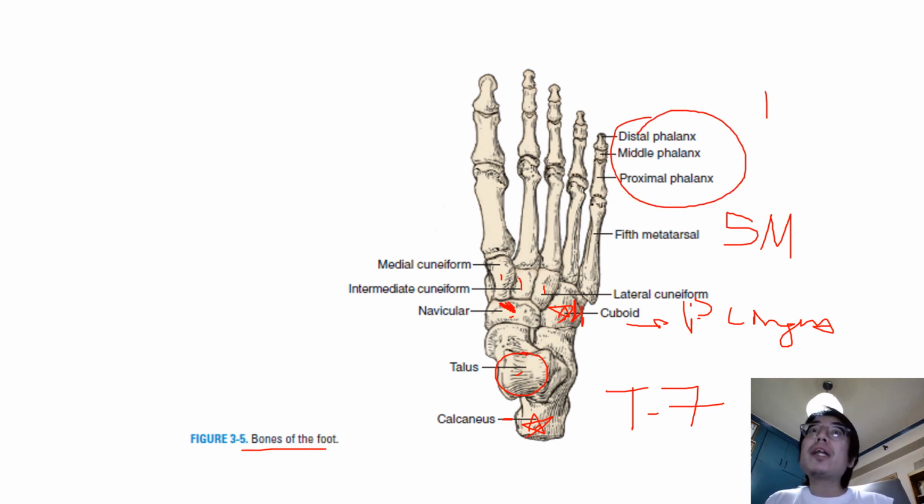We have 14 phalangeal bones for each foot. There are 2 in the first digit, and for the rest of the other digits, we have 3 each.